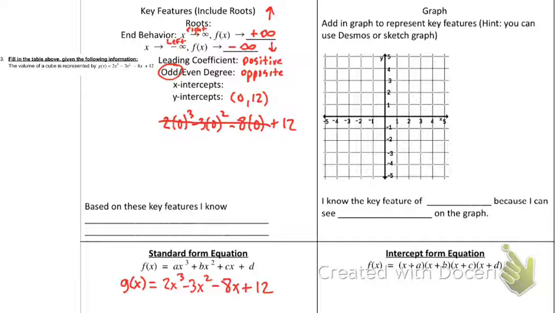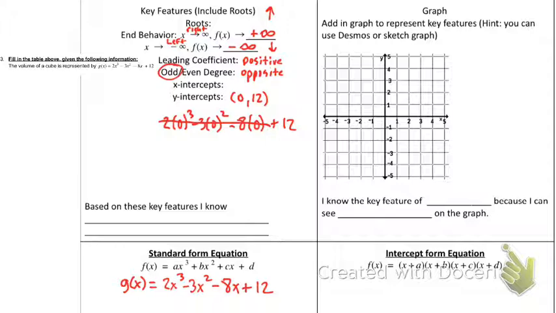Guys, we're almost done. We need x-intercepts and we need the graph, okay? So how do I find x-intercepts? And once I get x-intercepts, I can put it into intercept form, okay? So to do that, we are going to take my equation and the goal is to factor.